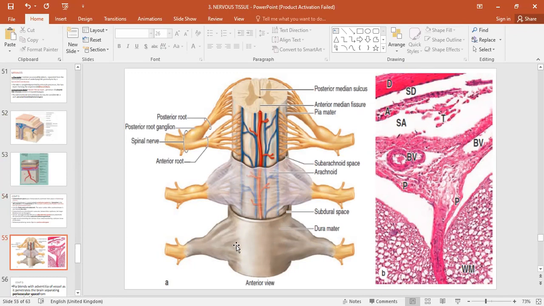Dura mater, you can see, very strong. Space between arachnoid and dura mater is subdural space. Then that is arachnoid mater, light. Space between pia mater and arachnoid, we call subarachnoid. That's where all blood vessels are located, even in the spinal cord. So that is the spinal cord.